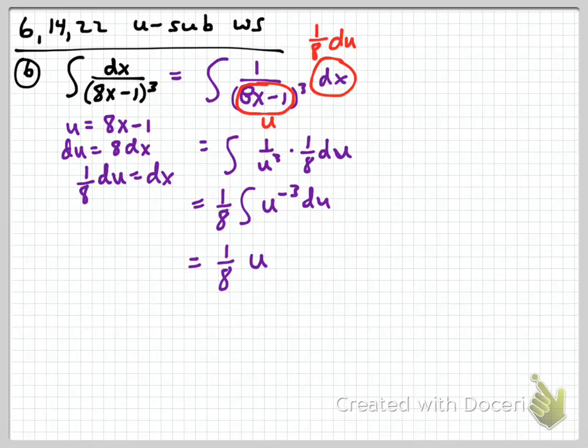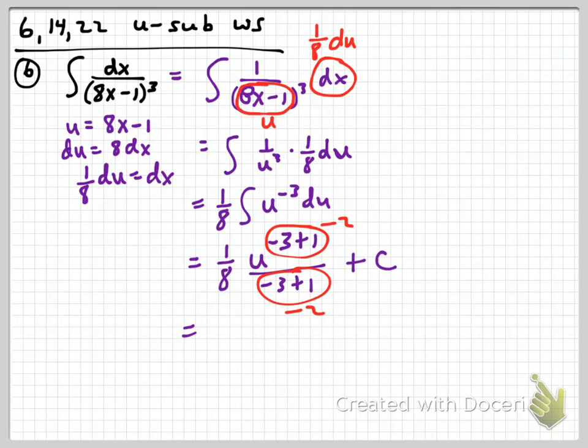We have 1/8 multiplied by u to the negative 3 plus 1 over negative 3 plus 1, and then that's plus c. So our formula is just the power rule. When we have any variable to a power, we add 1 to the power and we divide by that number. And this negative 3 plus 1, that's going to be negative 2 there and negative 2 there.